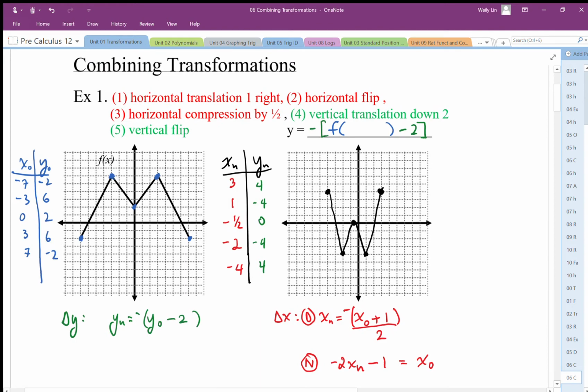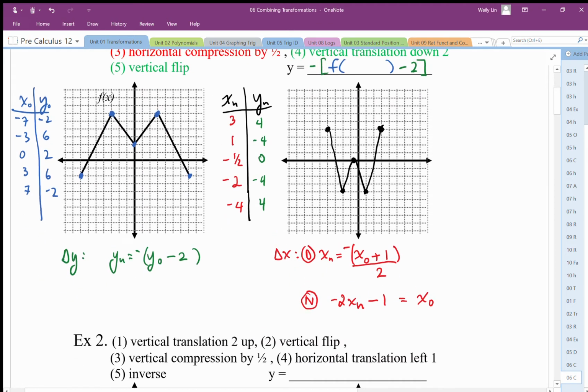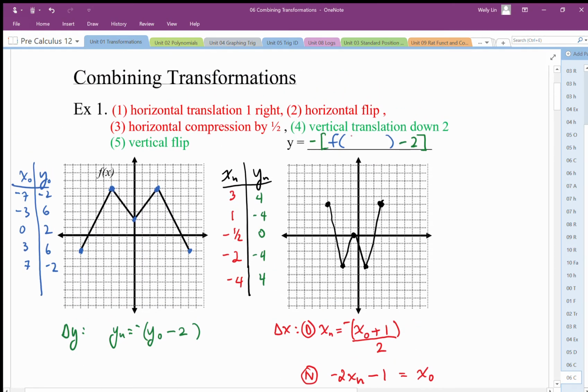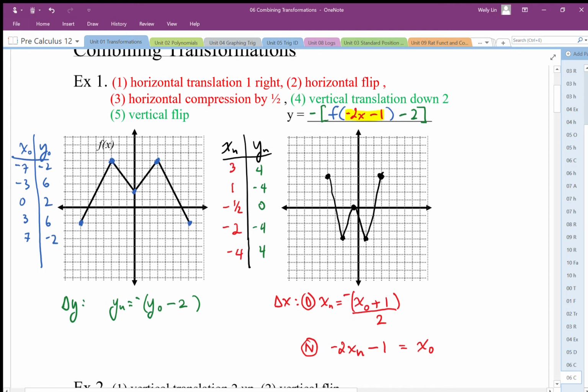I've undone all the algebra here, so I'm going to plug in -2x minus 1. Now you could put it in factored form if you like, it doesn't matter. I've just undone this algebraically, so whatever form of this expression you want to use is going to be good enough. There are other variations of this which would be perfectly acceptable, but it's the opposite of what I actually did.